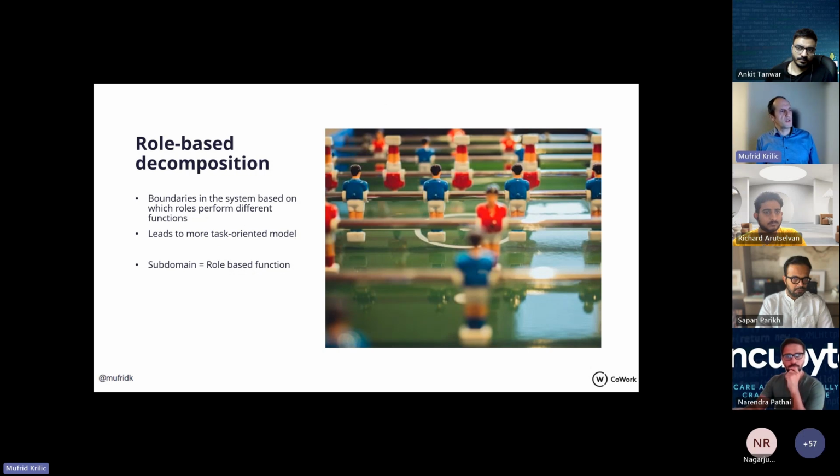Role-based decomposition could be one. We search for the roles involved in different parts of the business processes. Which roles perform different functions? Then we are approaching what's called a task-oriented model. So a subdomain is not only a function; it's now a role-based function. Let's look at this.